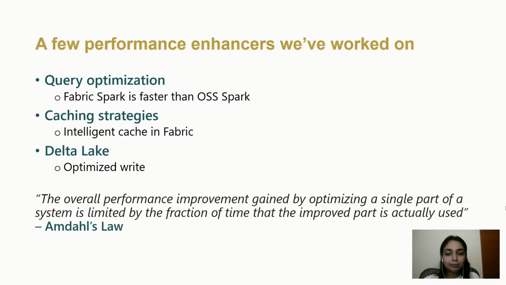So there's something called Amdahl's law, a very famous law, which states that the overall performance improvement gained by a system depends on the fraction of the system that is actually optimized.